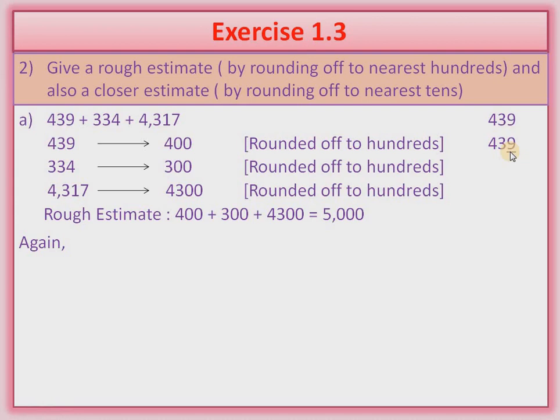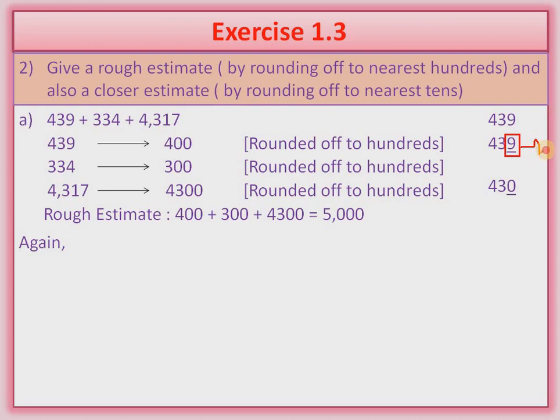After that, we will write 0 instead of 9. Then we will check this number. In which category? It is category number 2, 6 to 9. I already explained in the chart at the start of the lecture. So it should be categorized into category number 2.